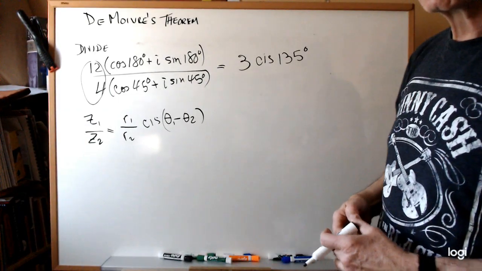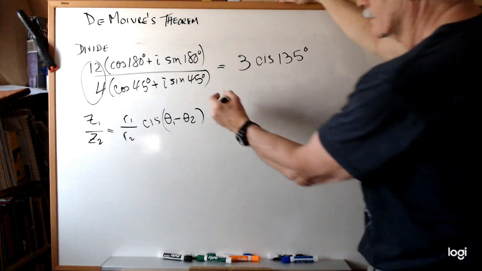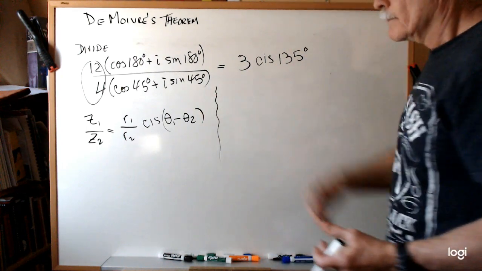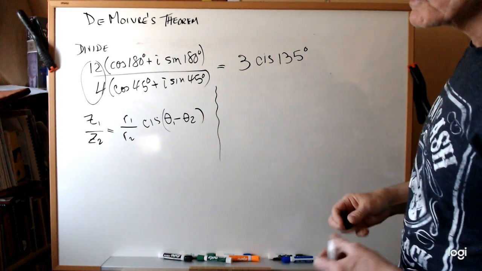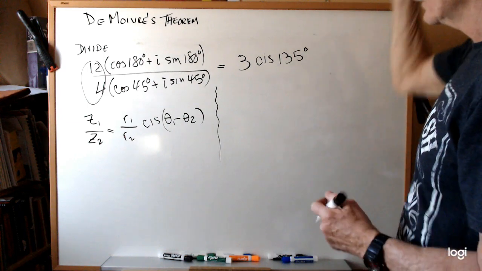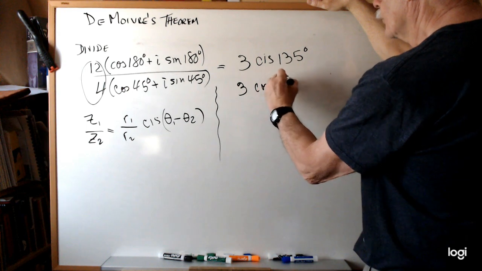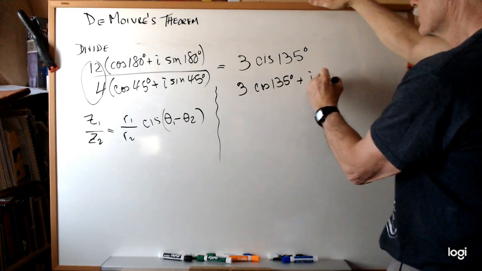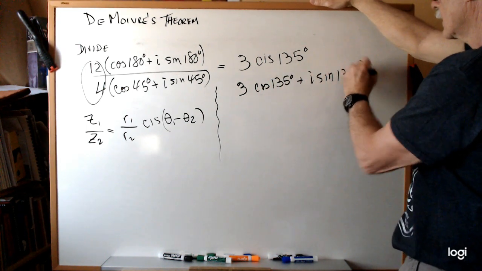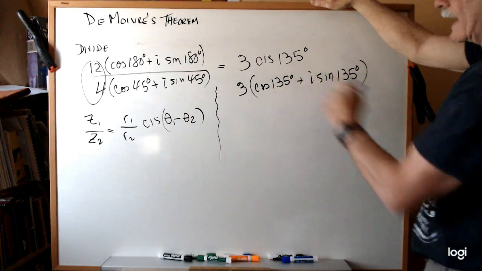And now we're just going to spend some time and get this into a more palatable form. Perhaps the instructions will say a plus bi form, in which case this really doesn't qualify. So we go 3 (cosine 135 plus i sine of 135). Okay, now we're going to work out each of these.